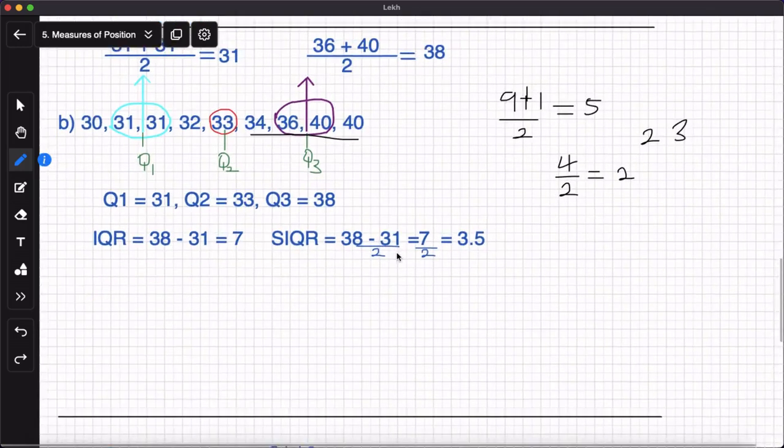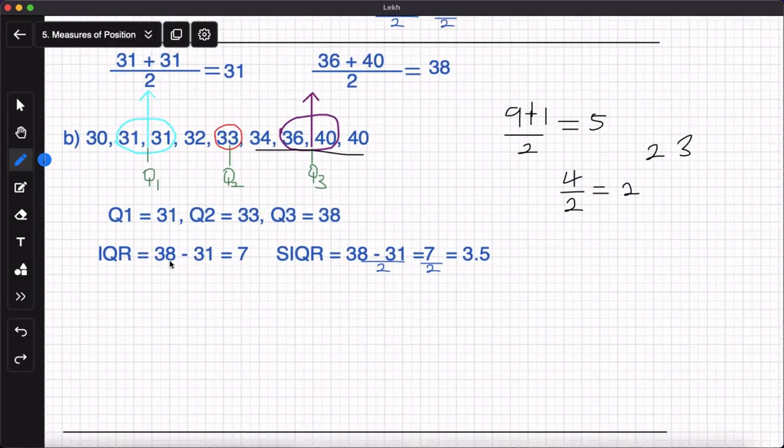Your interquartile range is Q3 minus Q1, which is 38 minus 31, so you get 7. Your semi-interquartile range is the interquartile range divided by 2, which gives 3.5.